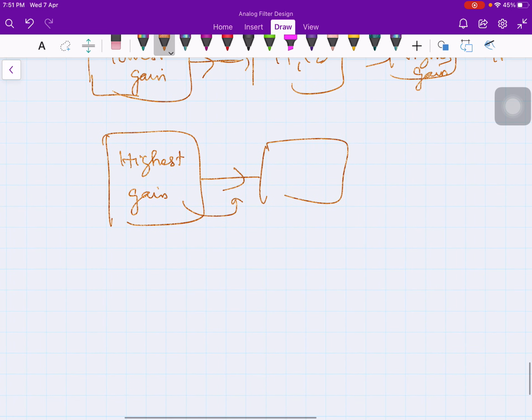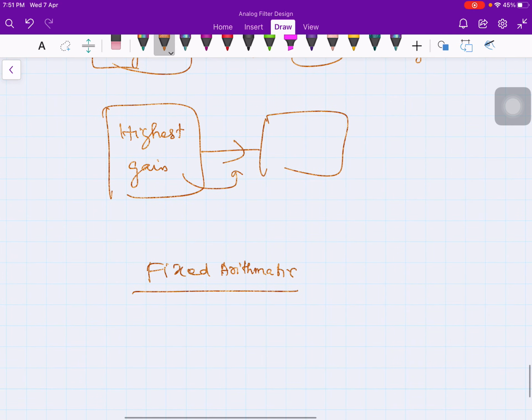Now it may not be possible to avoid overflow, particularly in fixed point arithmetic. Whenever you have fixed point arithmetic, overflow is an unavoidable problem. The dynamic range of fixed point arithmetic is severely limited compared to floating point.